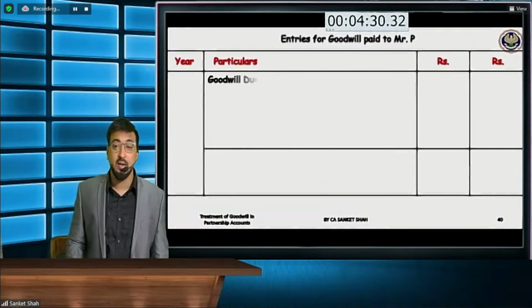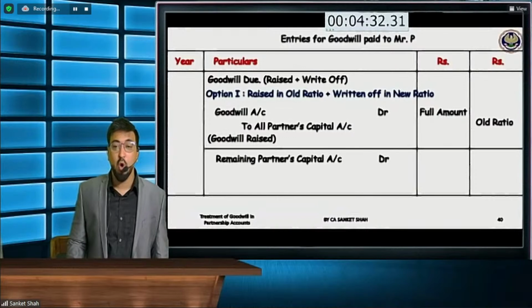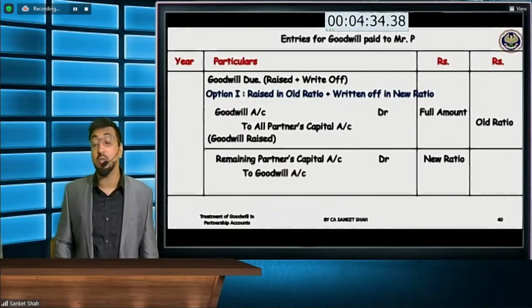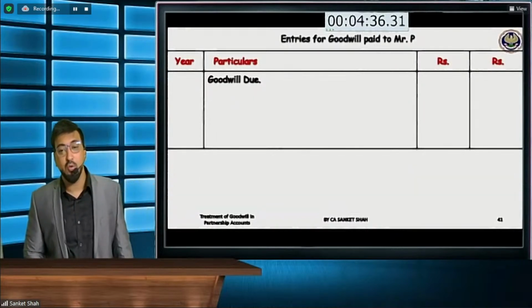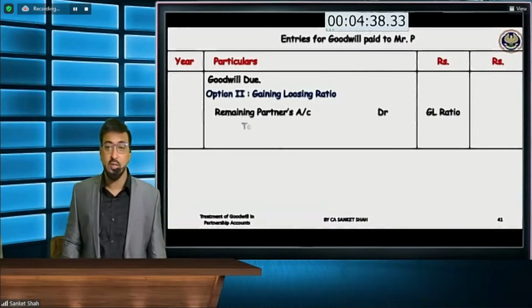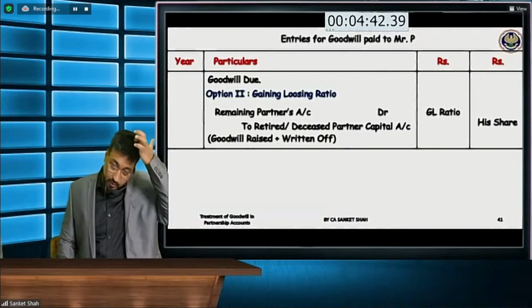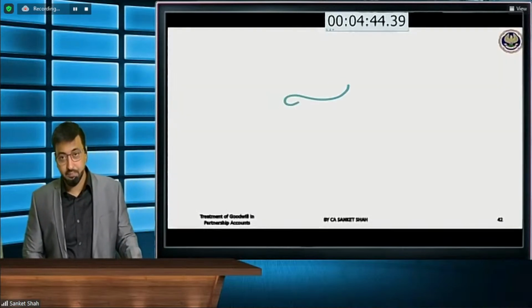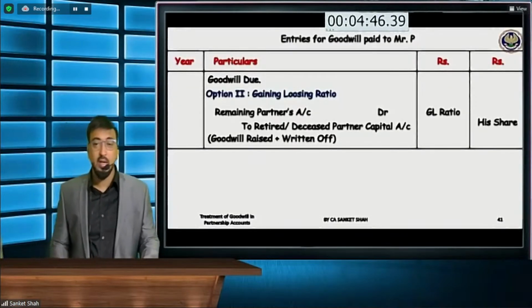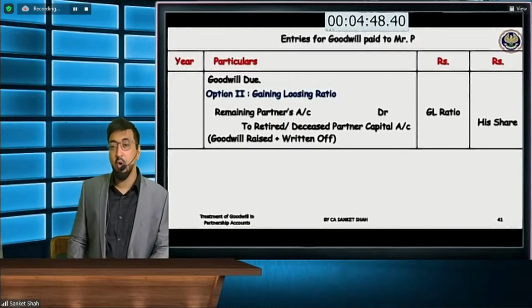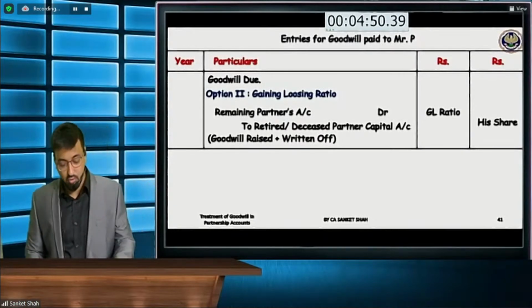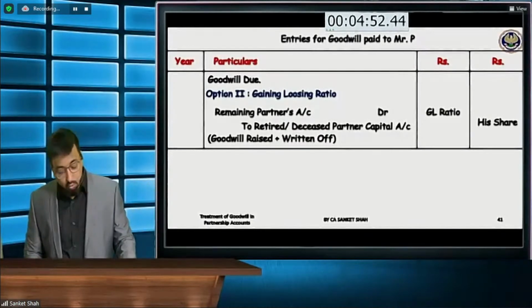But what are the entries? Goodwill raised, goodwill to all partners, meaning old, and remaining partners to goodwill, new amount, in gaining ratio. Remaining partner account debit to retired or deceased partner account. Now I hope you are very clear with all these entries.